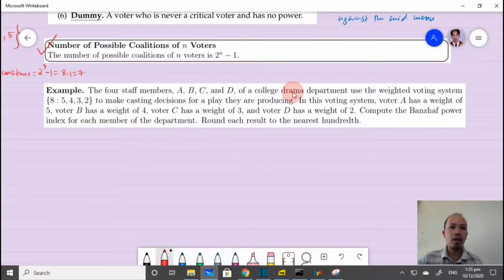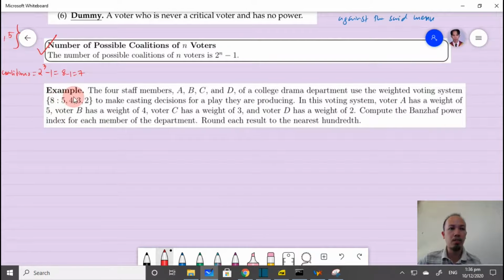Of a college drama department use the weighted voting system. The quota is 8. Then we have 4 members: 5, 4, 3, 2. If the quota is really equal to 8, by using the formula, 5 plus 4 is 9, plus 3 is 12, plus 2 is 14. 14 divided by 2 is 7, plus 1 is 8.